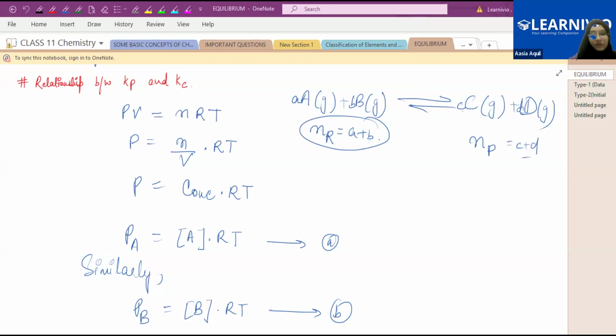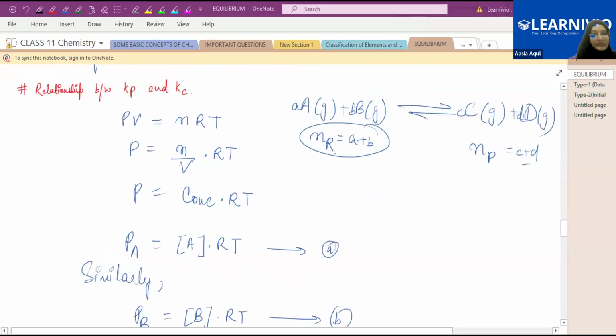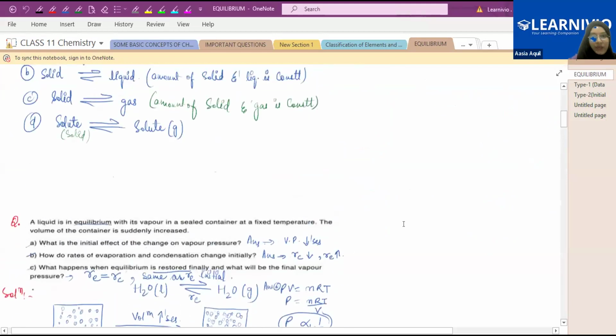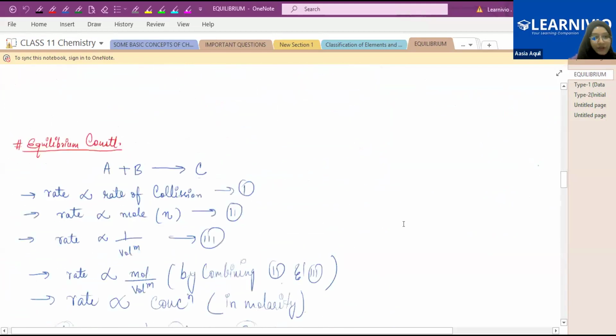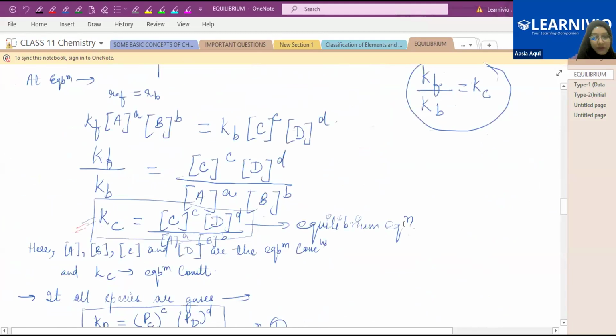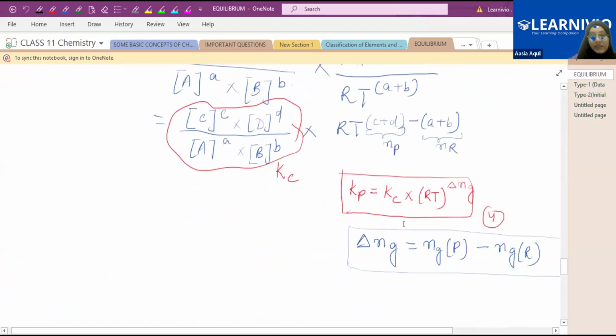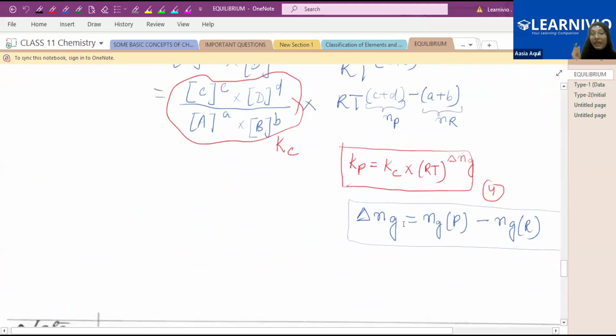Okay, so we have completed till here. We have started your new chapter, the equilibrium chapter, and we have discussed the relationship between Kp and Kc in the previous class. We have derived this equation, and this formula is very, very important. Kp is equal to Kc into RT raised to the power delta Ng.